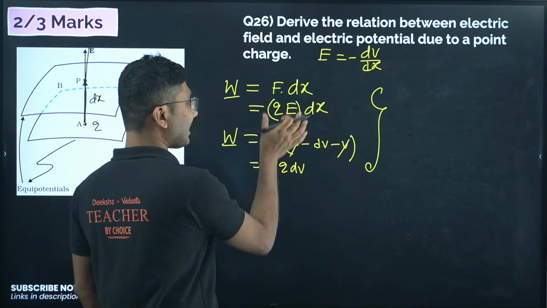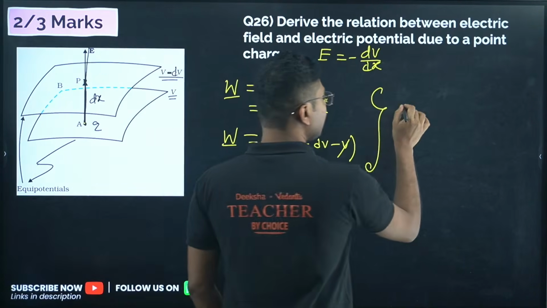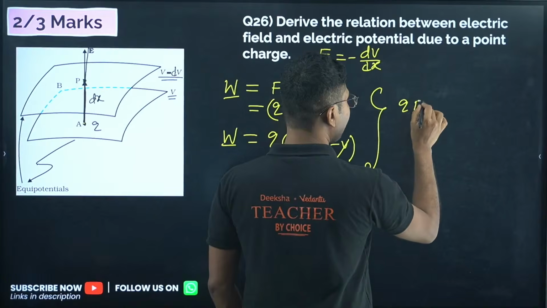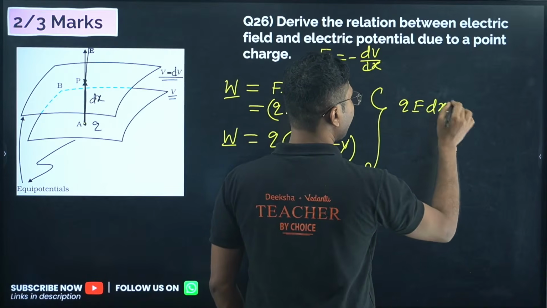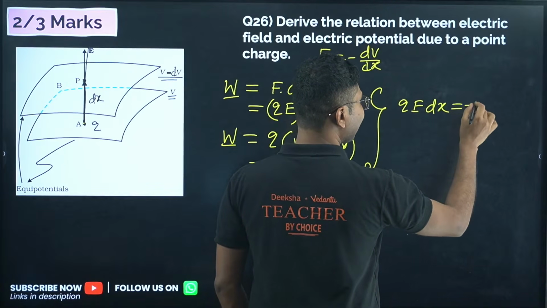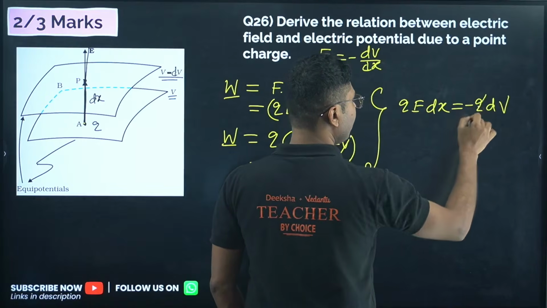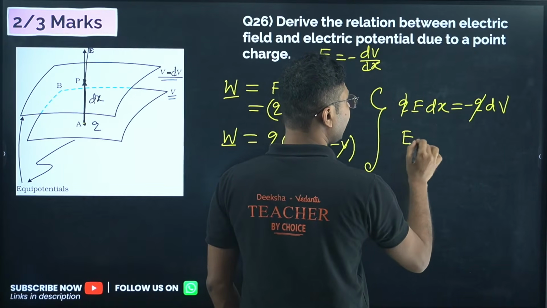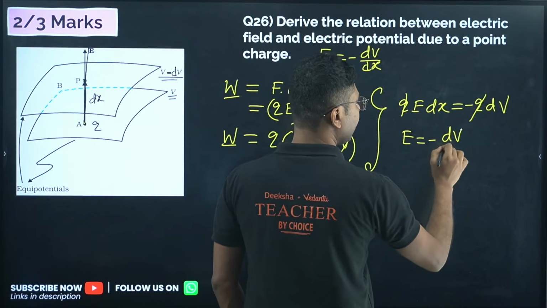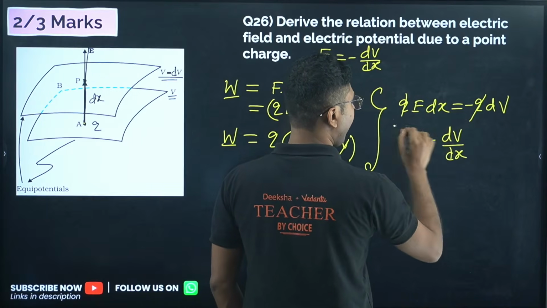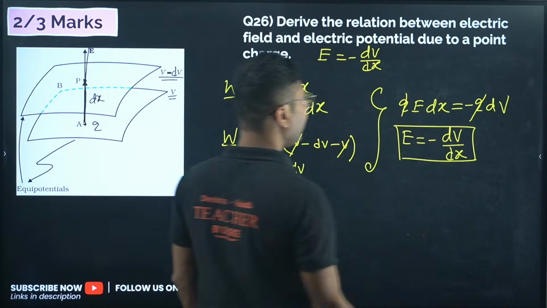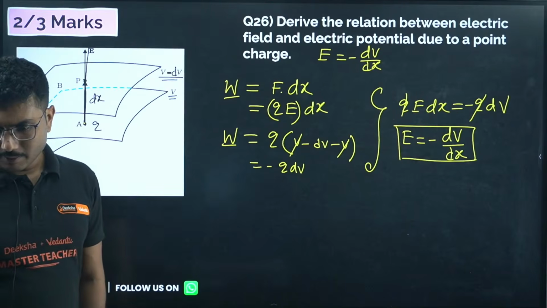So Q into E into dx must be equal to minus Q into dV. Q cancels, so the electric field turns out to be minus dV by dx. Okay, clear?